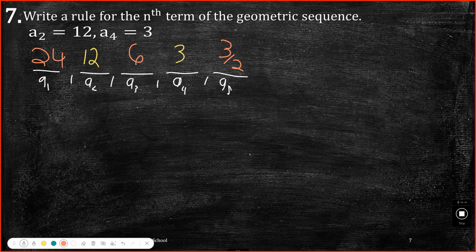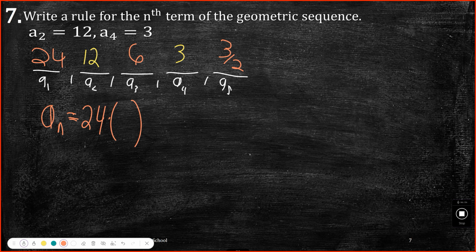Yes. So the equation for this would be what? A sub n, but it always should be going to the right. So A sub n equals what? What's A1? 24? And what are we doing to get to the next number?